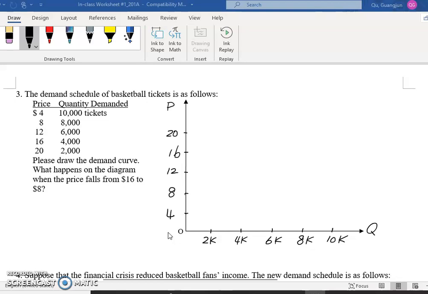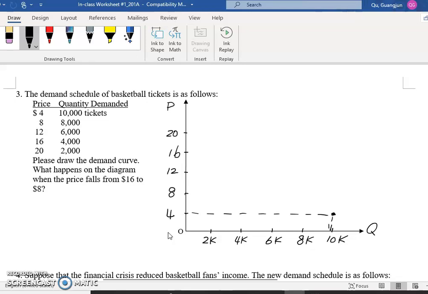So let's plot this one here. Let's find this combination point on the graph. So when the price is $4 and the quantity is 10,000.